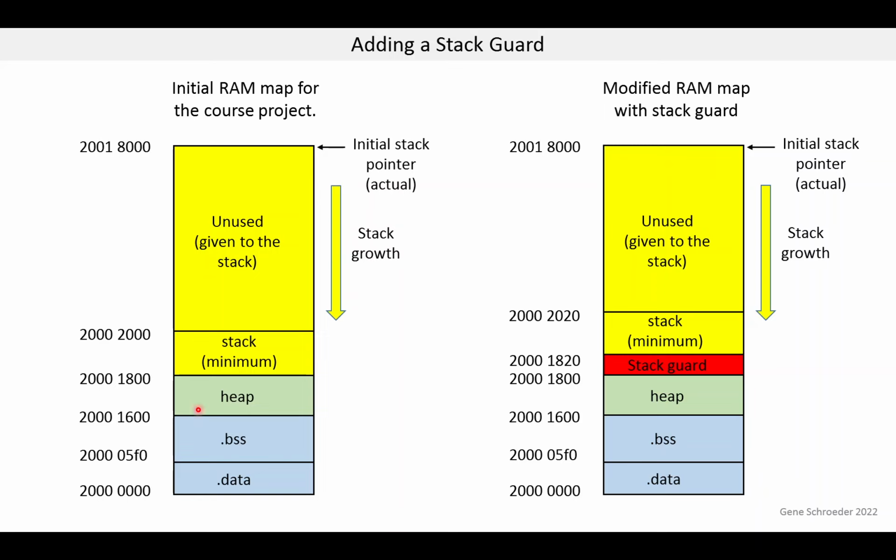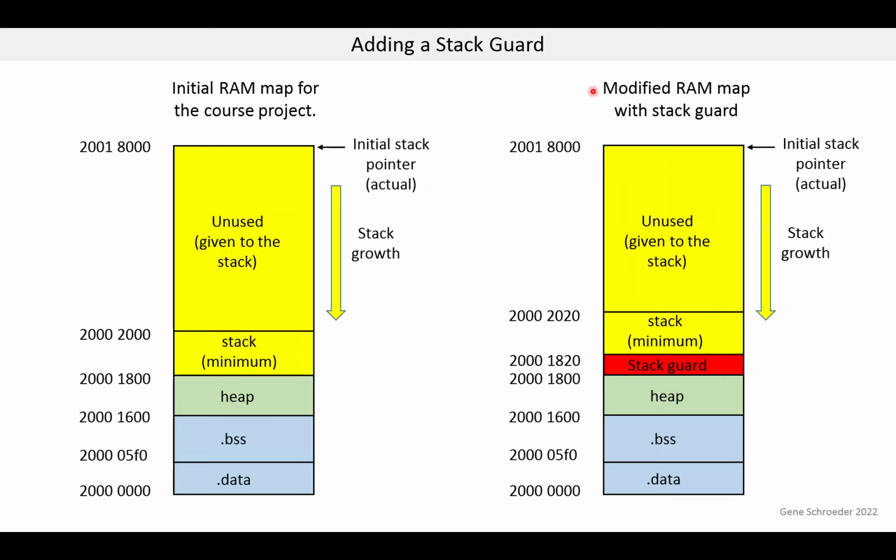Then there are project settings for the heap and a minimum stack size. So that brings us up to this point in terms of the amount of RAM we need. And if there is not enough RAM to get to this point, that's a linker error and the build fails and things stop right there. But in our case, we have some extra unused RAM, and the linker script and the startup code is set up to just give any unused RAM to the stack. In the case of our project, there's a lot of unused RAM, so the stack is quite large.